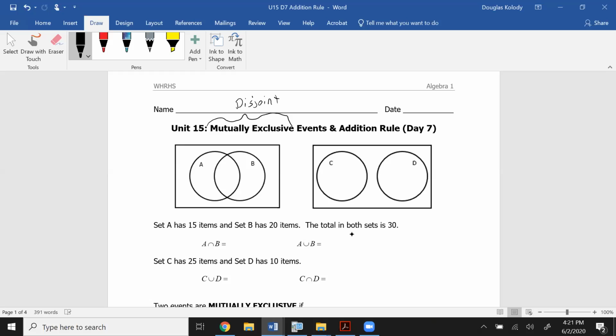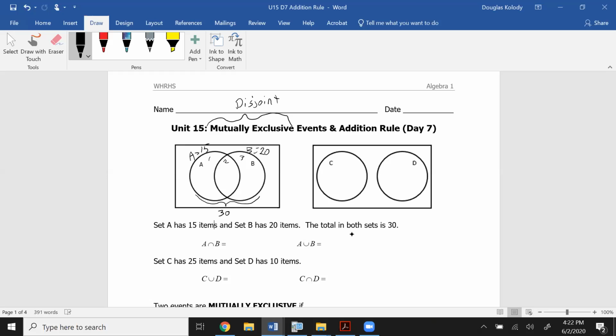So this entire set, A, has 15 items. Notice I'm writing 15 on the outside of the circle. Set B has 20 items. So I know that all together, these three sections right here, section 1, section 2, section 3, those three slivers add up to 30.